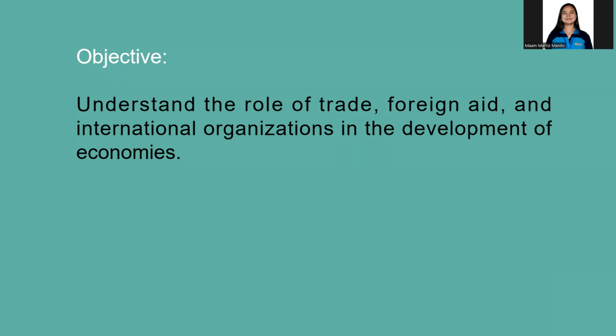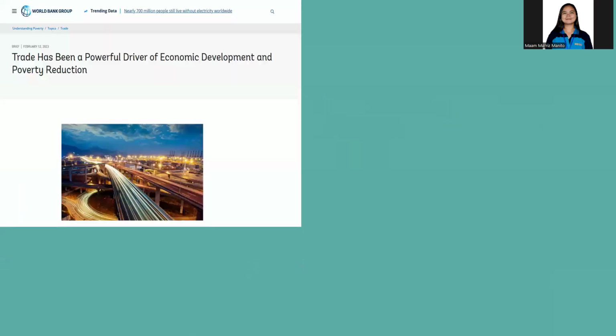So, when we talk about trade, you already know that, diba? The definition of trade is about an exchange of products or goods or services between economy A to economy B or economy C to D. So there's no limitation.